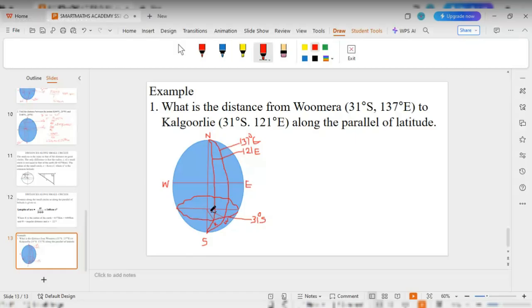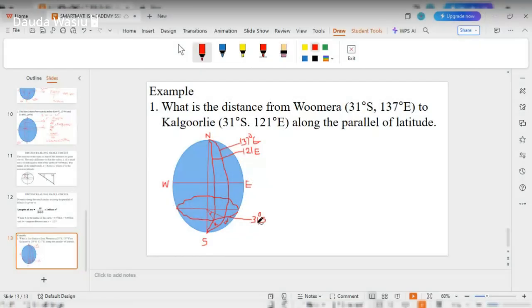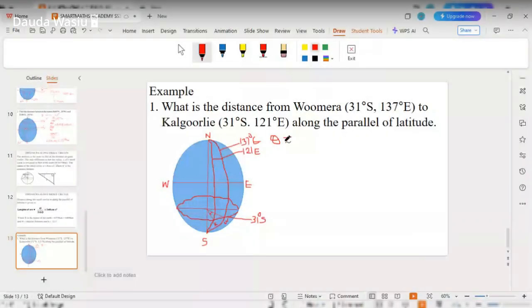Then the space in between is what we call the angular difference. We name it theta. So let me label it as angular difference, which is theta. And what is theta? We are getting our theta from the longitude.